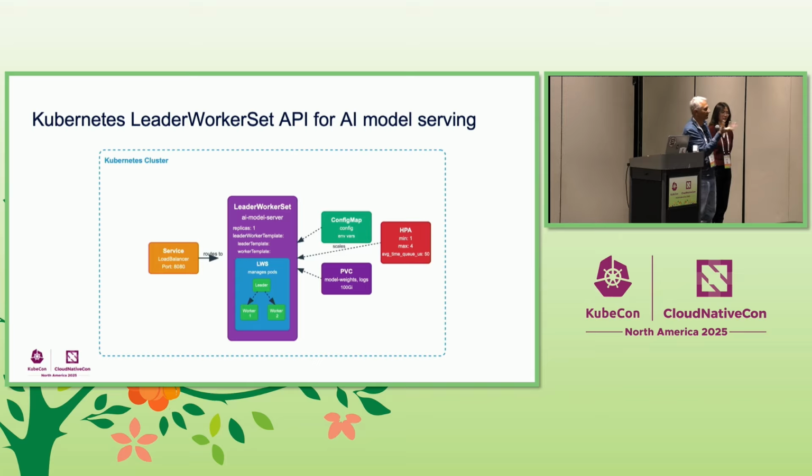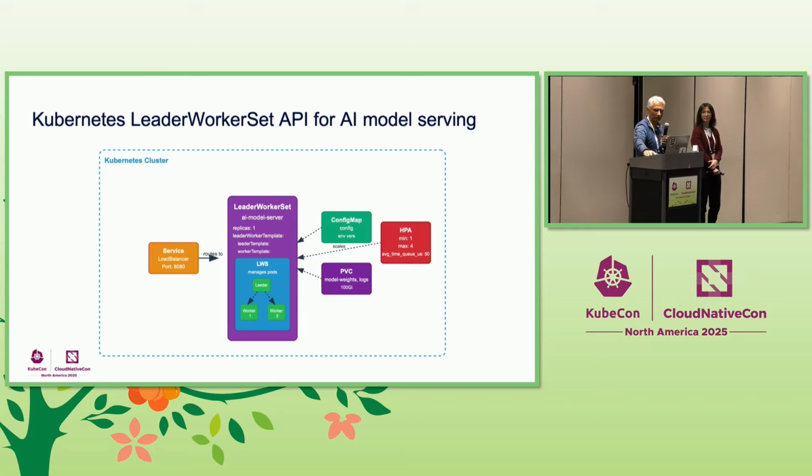And in this case, the LeaderWorkerSet gives you a hierarchy in terms of there being a distinct leader and then one or more workers. And that allows you to create the topology for multi-node inference that the frameworks demand. For example, PyTorch requires you to have a master node and then the worker node, so it allows you to map that. And this would be perfect if, for example, you wanted to do, let's say, Triton Inference Server with the TensorRT LLM as the backend. So this would map very well to that.